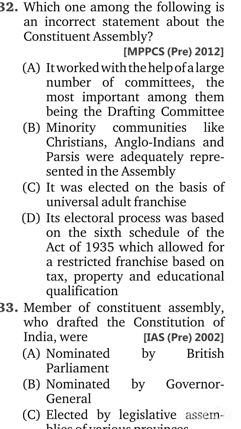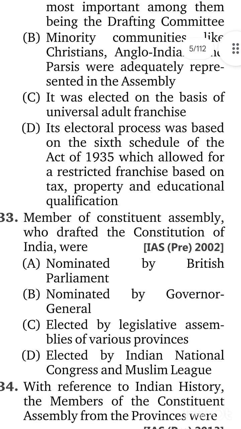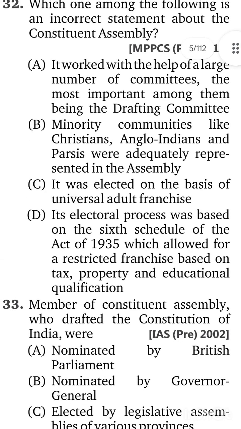Option B. Minority communities like Christians, Anglo-Indians and Parsis were adequately represented in the assembly. Option D. Its electoral process was based on the Act of 1935, which allowed for restricted franchise based on tax, property and educational qualification. These are all correct. Only option C is wrong.